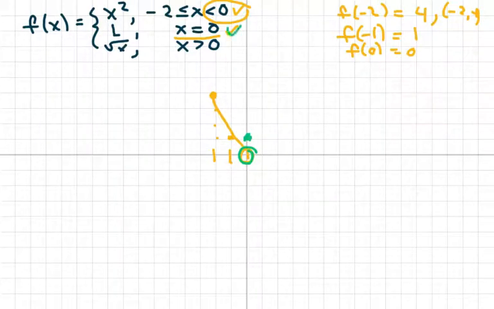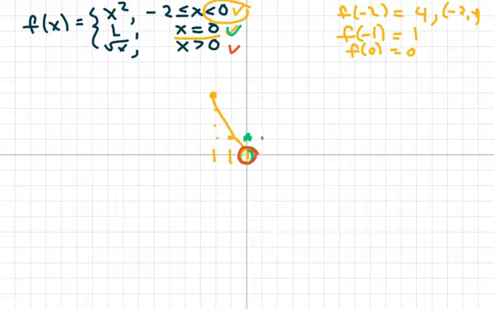So that's this piece. Now the third piece is we want to graph everything above 0. It can't equal 0, but we still have to plug in 0. So we're going to start here, and it's going to be an open circle again. Then what I'm going to choose is 4, or I can choose 1.